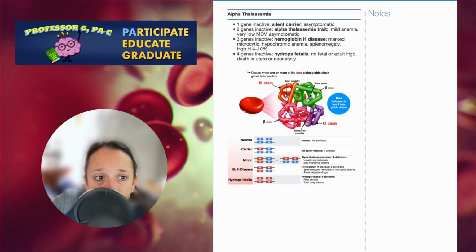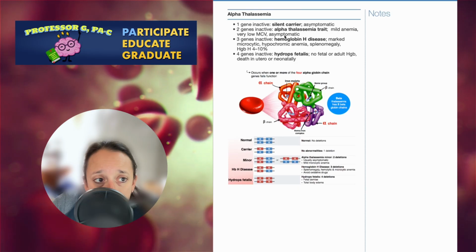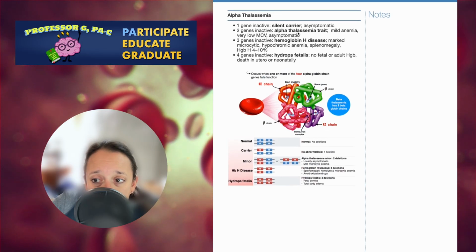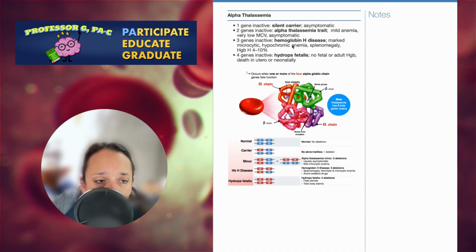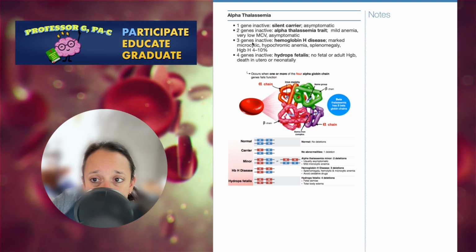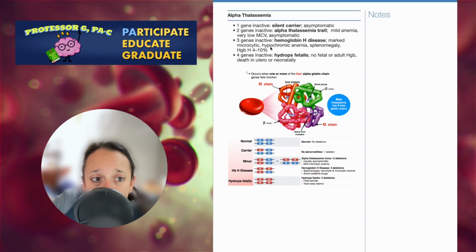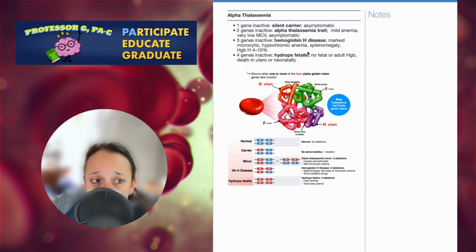One gene deletion is going to be a silent carrier, no anemia, no symptoms. 2 genes is going to be alpha thalassemia trait, which causes a mild microcytic anemia, and it can be mistaken for something like iron deficiency. 3 genes inactive is called hemoglobin H disease, and this causes microcytic hypochromic anemia and splenomegaly.